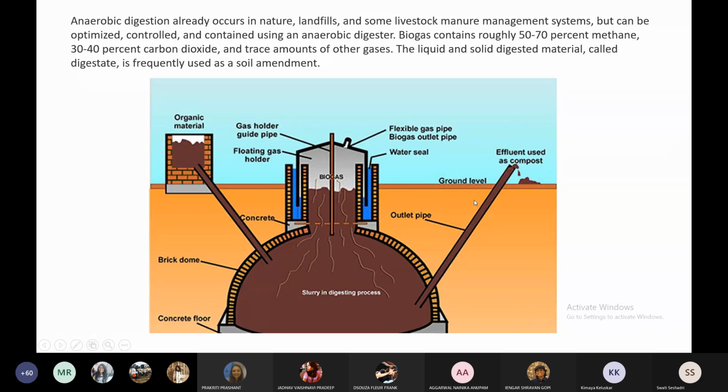Also you need to understand that the dome is underground because of the pressure content of it. The biogas actually contains roughly 50 to 70% methane, then 30 to 40% carbon dioxide, and then there are traces of other things as well.